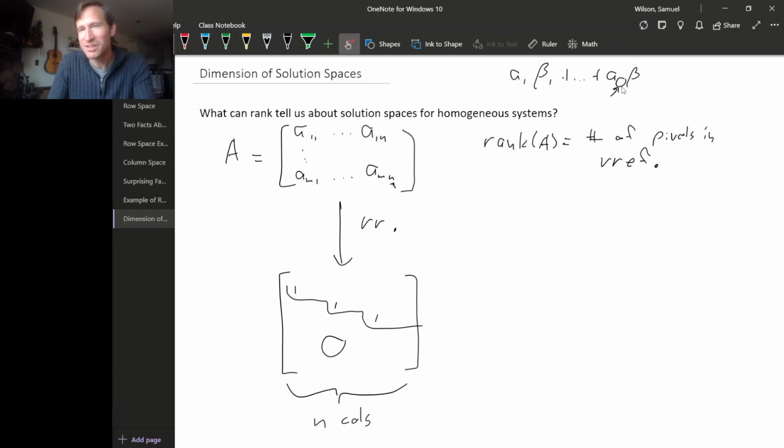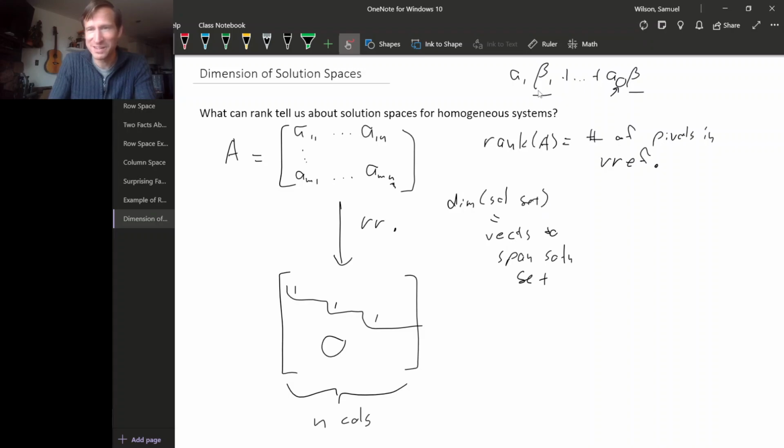Well, it depends on the number of free variables. What we've seen is that the number of vectors you need to span the solution set is just the number of free variables. Actually, the number of vectors you need to span the solution set is the dimension of the solution set.